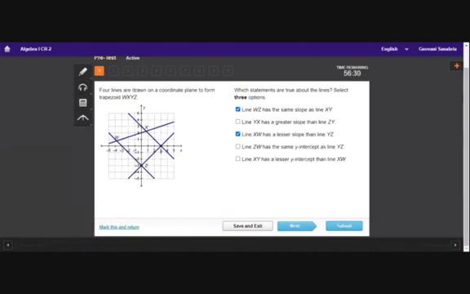ZW has the same y-intercept as YZ. Yeah, that's true. They both land on -3, because the y-intercept is just where they cross the y-axis. XY has a lesser y-intercept. What's the y-intercept for XY?